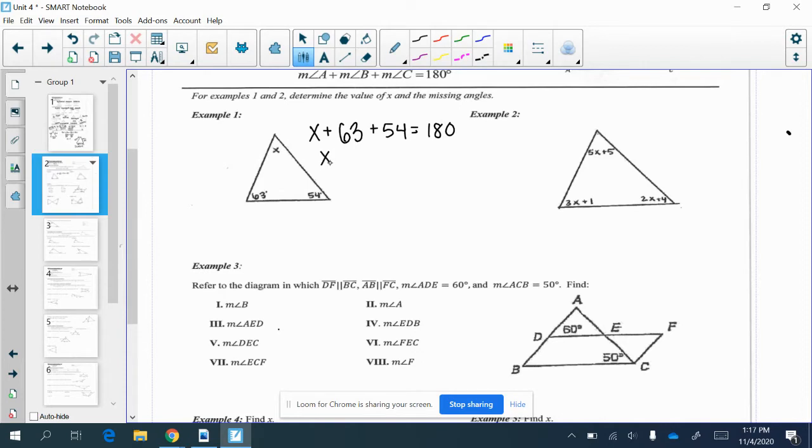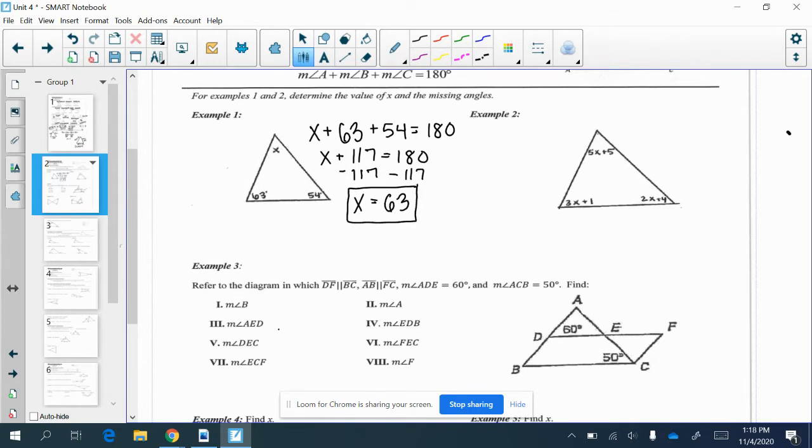So then x plus 117 is equal to 180. x is equal to 63. And that means that angle is 63 degrees as well.